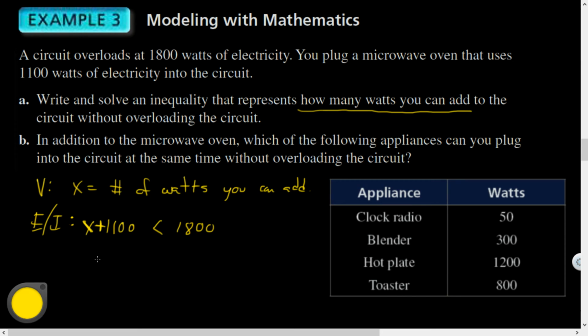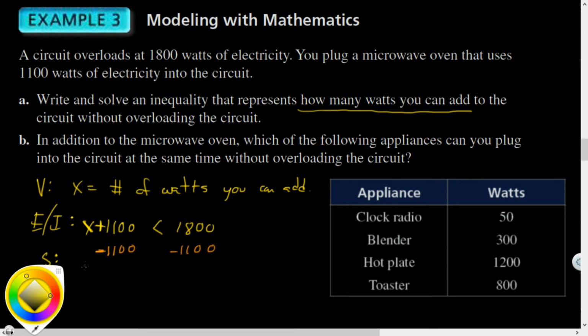Let's see, did they ask us to solve this? Oh, write and solve. Okay, so let's solve this. If I want to figure out how many more watts I can add before I overload it, x plus 1100 is less than 1800. What could I do to both sides to get x by itself? Subtract 1100. Those would cancel out. I'll get x.